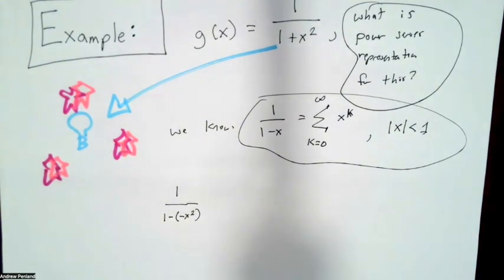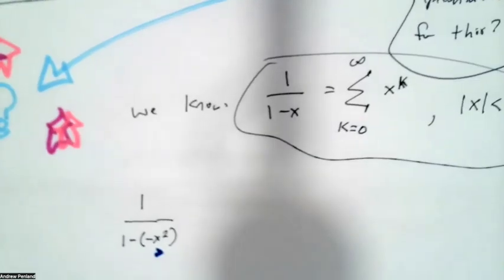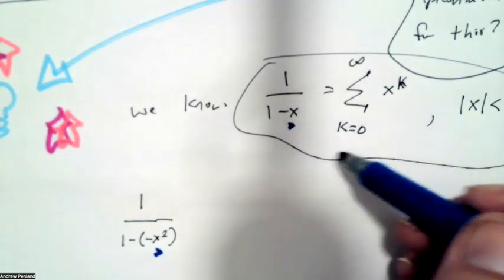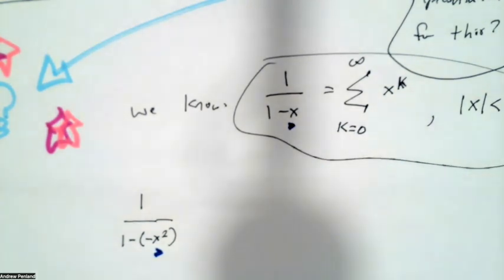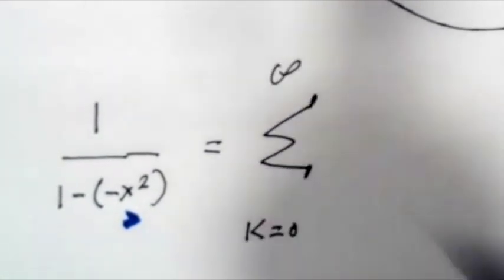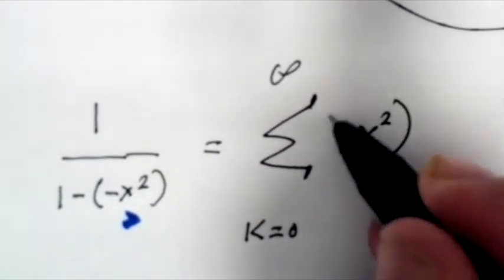And then if we take this minus x squared and we replace this x with minus x squared everywhere, this will become the sum from k equals 0 to infinity of (negative x squared) raised to the k. And there's, again, a little bit of work we can do here to simplify this.